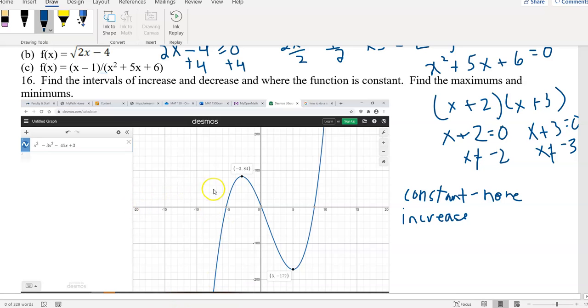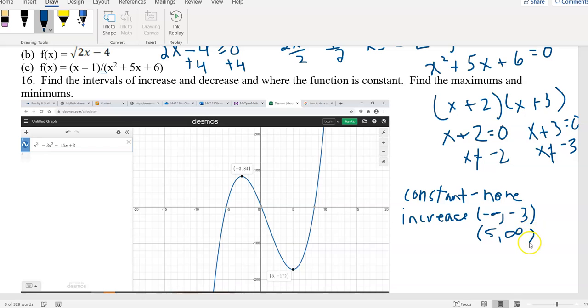All right, so from negative infinity to -3. And then our second interval, we have from x value 5 to x values going out this way are positive infinity. So 5 to infinity.